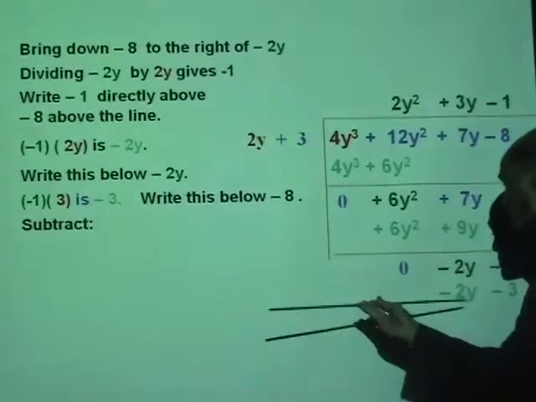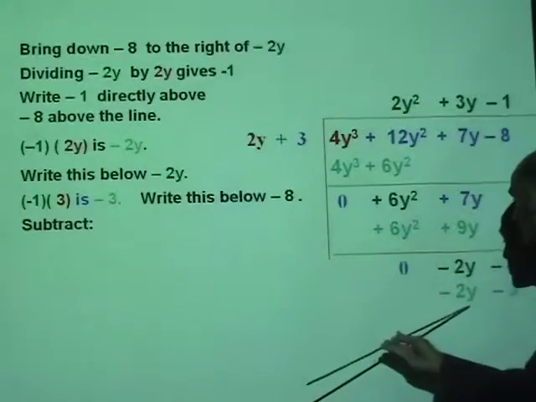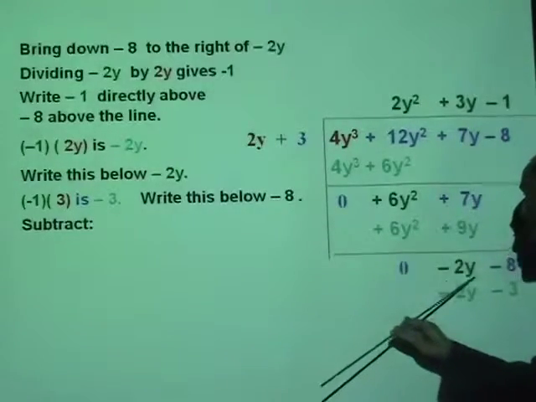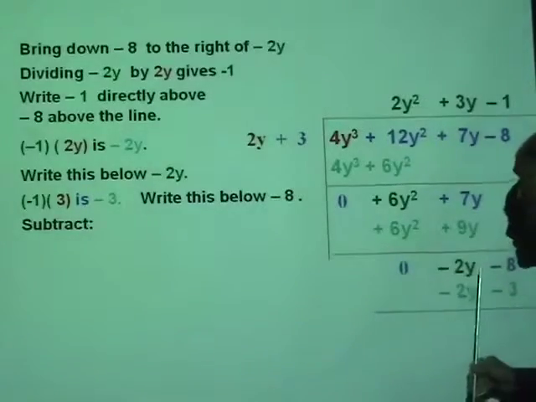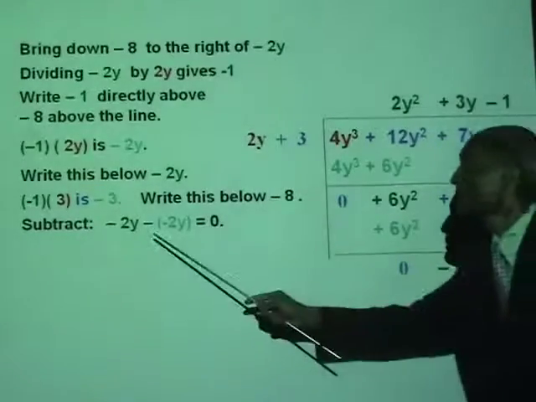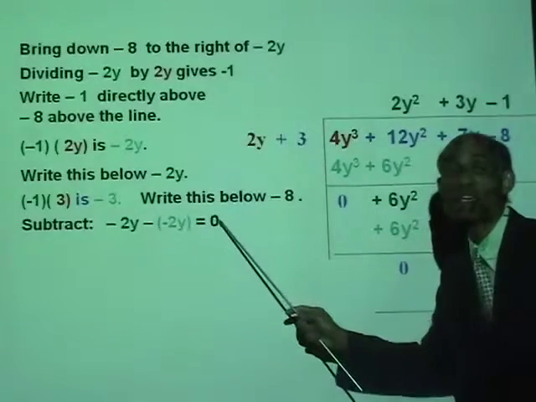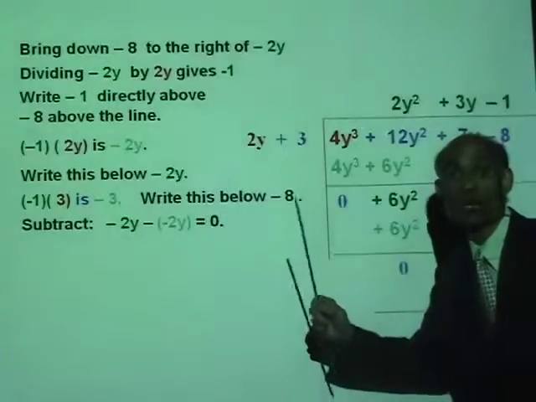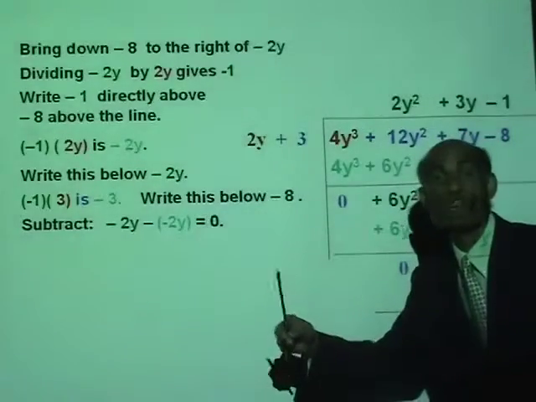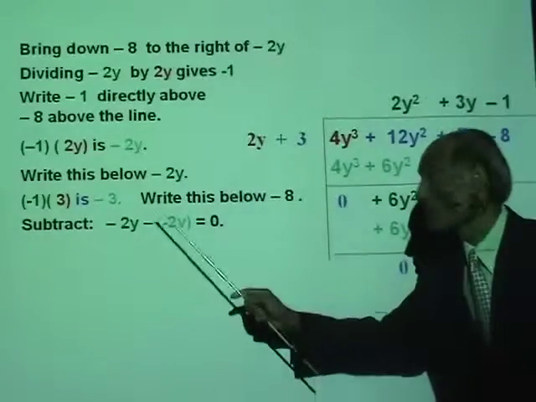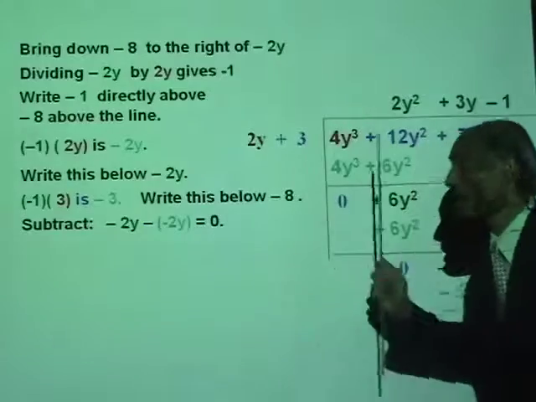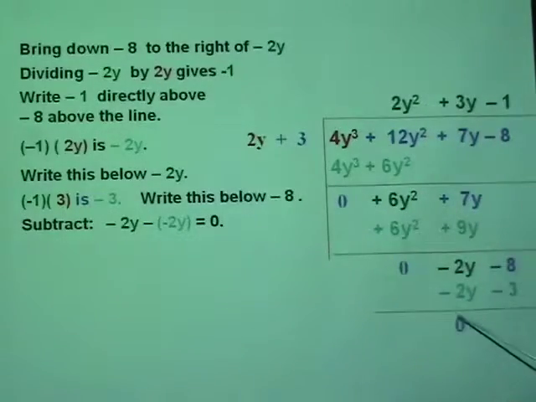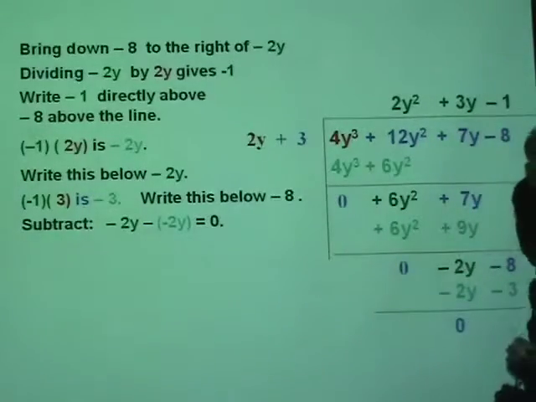What do you get if you subtract this negative 2y from this negative 2y? Well, negative 2y minus negative 2y is 0. Is that right? You subtract the same quantity from a number, you get 0. Negative 2y minus negative 2y equal to 0. And write that below negative 2y.